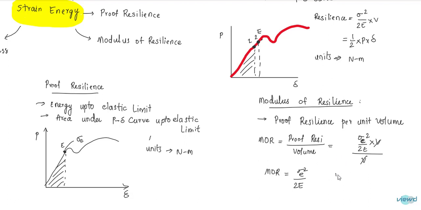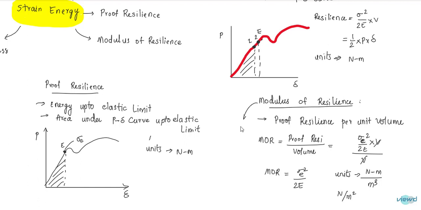So what are the units of modulus of resilience? Proof resilience was Newton meter divided by volume. Volume means meter cube. So Newton meter per meter cube, or Newton per meter square.